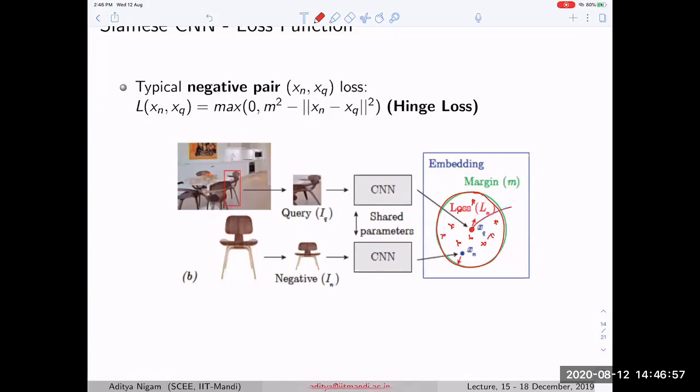If you have anything out of this, you are not going to get a loss. And if you are here and this is the guy, I want to find out the loss, then this is not the loss, but this is the loss: how far you have to move in order to achieve the m distance between you and the neighboring sample point. Is this clear?